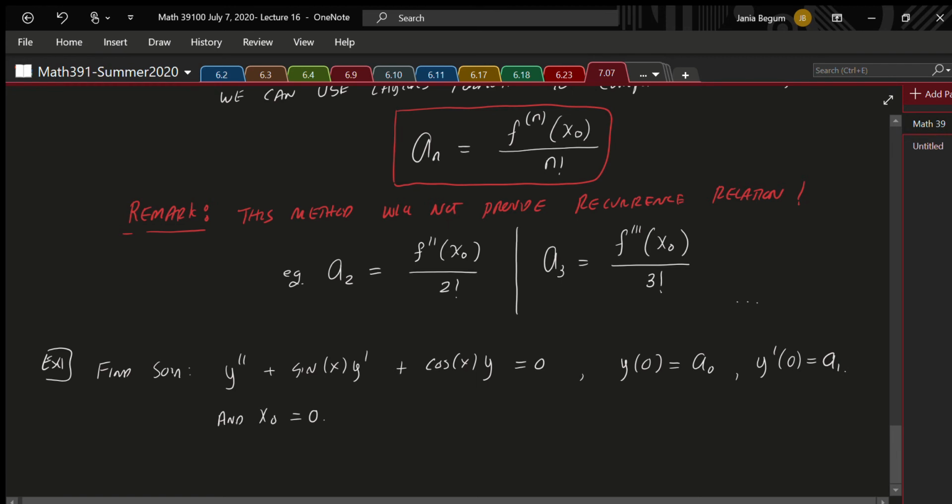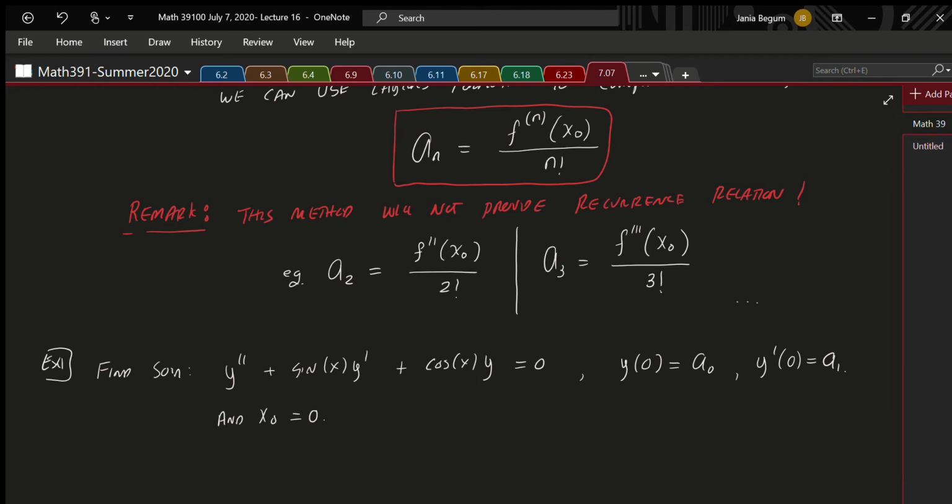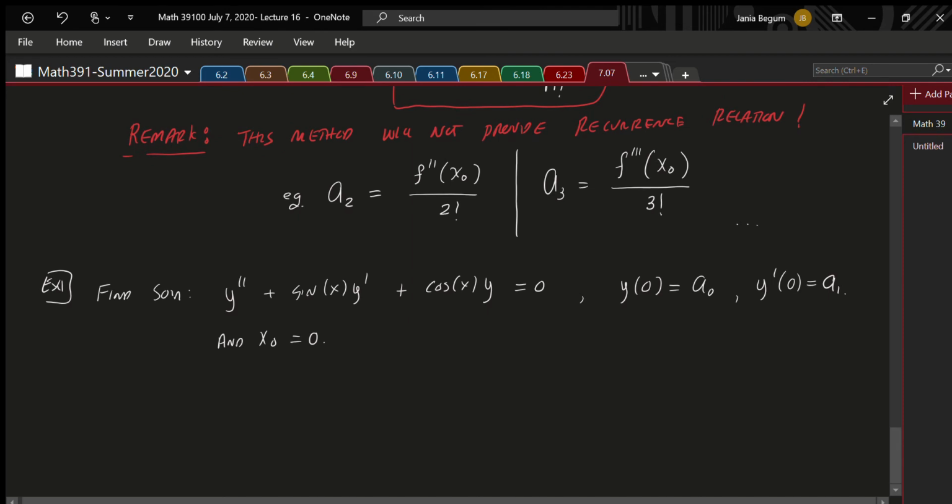Well, we know that our solution is going to be a power series, so we have a0 plus a1 x plus a2 x squared plus a3 x cubed, and so on.